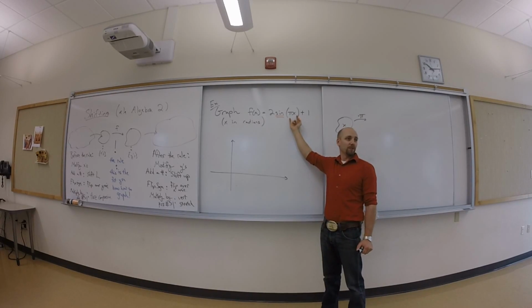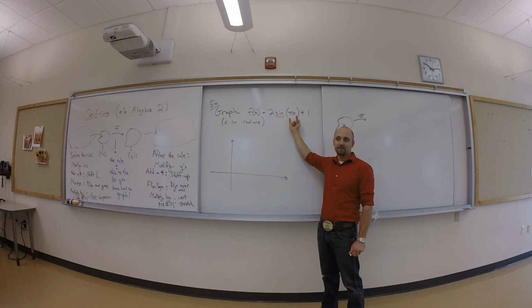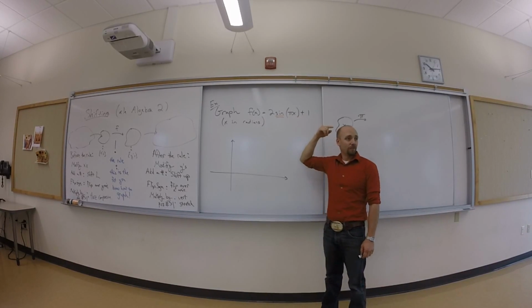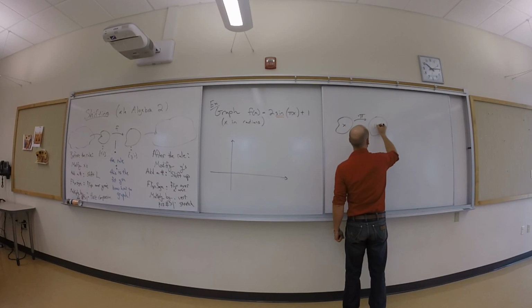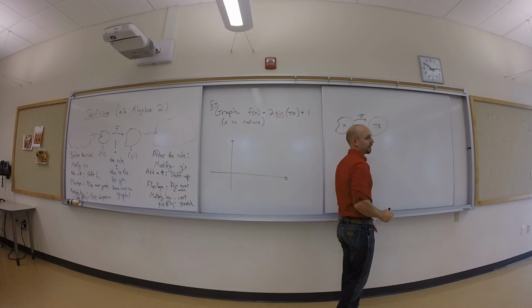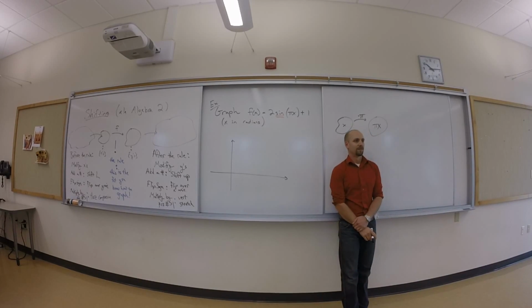There's no grouping symbols in there. There's no exponents in there. So I'm left looking at multiplication. So I'm going to do that first, multiply by pi. Now I'm living in pi x land. What's my next thing I'm going to do? Sine it.